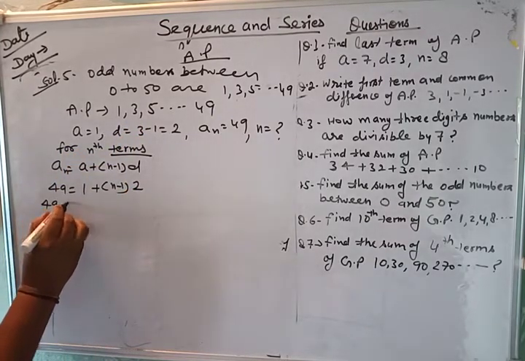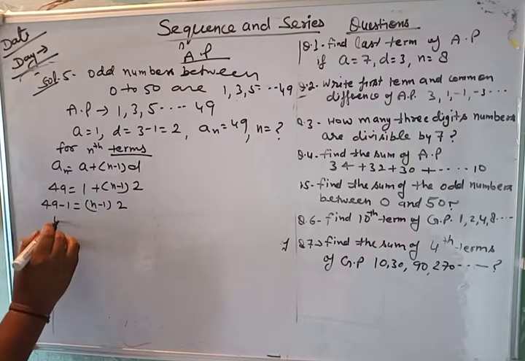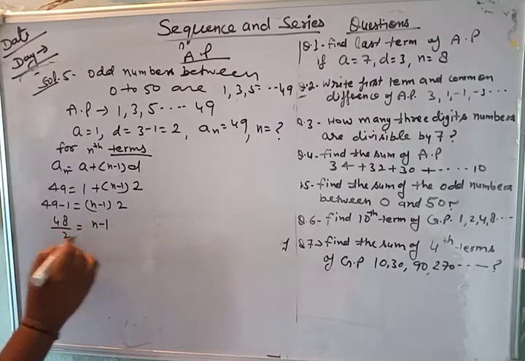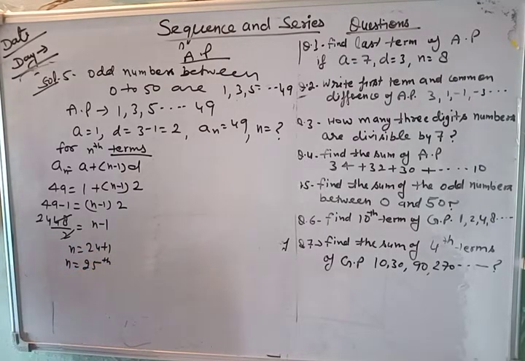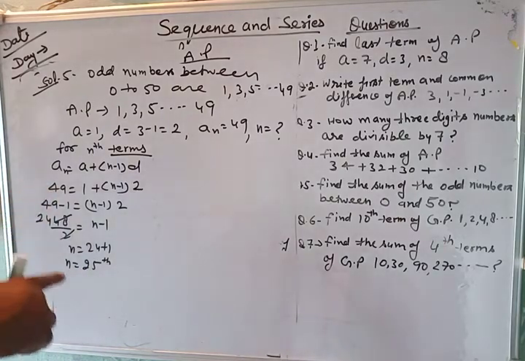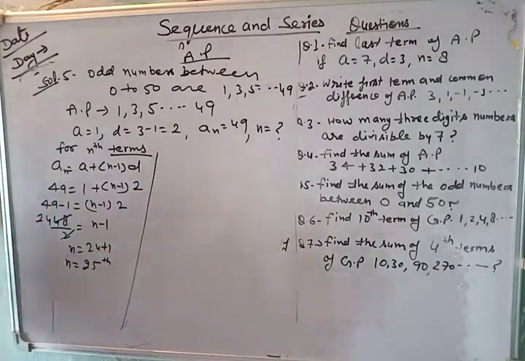Transpose: 49 minus 1 equal to n minus 1 into 2. Here 48 by 2 equal to n minus 1, 24. So n equal to 24 plus 1, n equal to 25 terms. Clear? Here we have found n equal to 25.